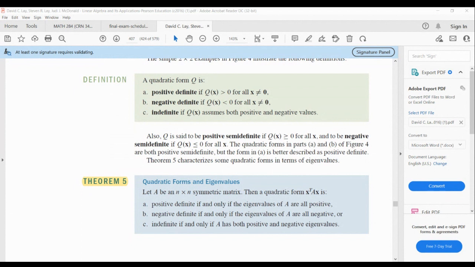In your homework for section 7.2, which is due on Friday, you'll have questions where you're asked, is this quadratic form positive definite, negative definite, or indefinite? So that is the concept of quadratic forms. And I'm glad you like it. It's a nice section to end with for our course.